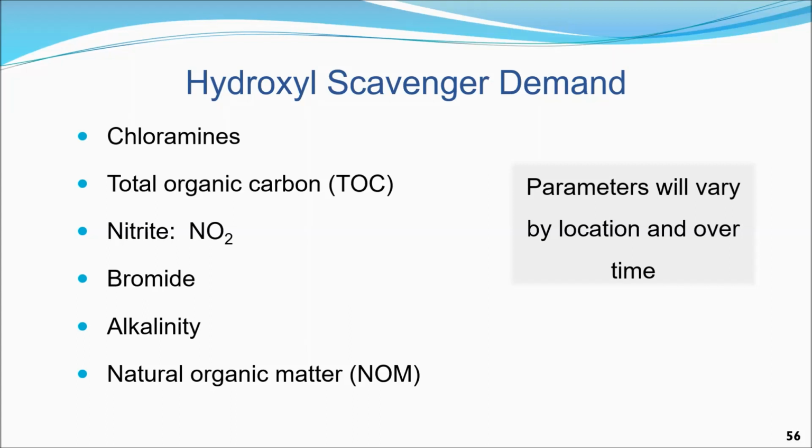And so you want to get a good idea of your groundwater. Usually you can control the amount of chloramine, but the amount of TOC or nitrite, not nitrate, bromide, and especially alkalinity seems to have a big impact on effectiveness because it's a high scavenger.